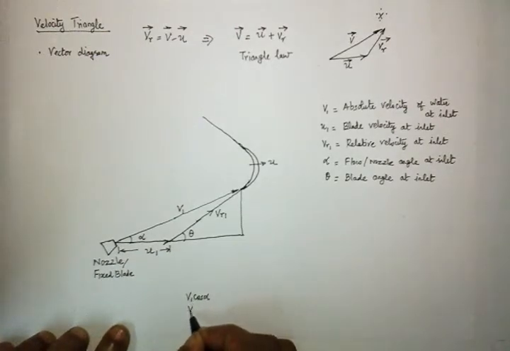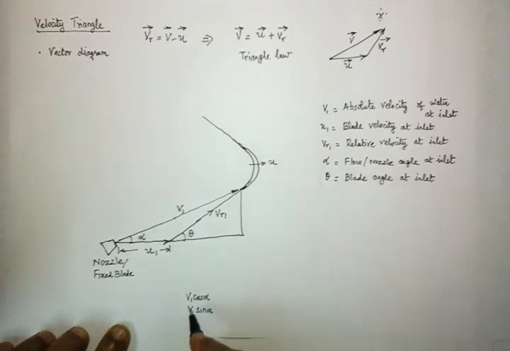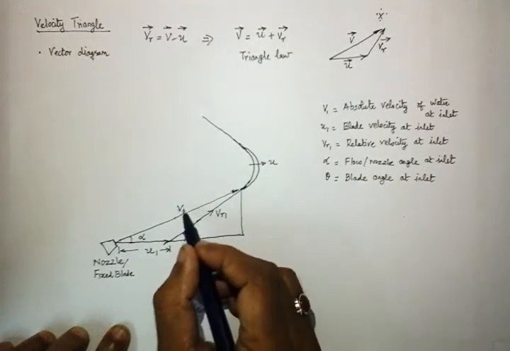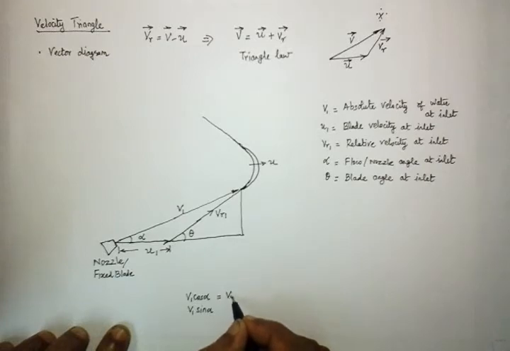The other component is v1 sin alpha. So this is the angle alpha, the flow angle, which we have already discussed. So v1 cos alpha, v1 sin alpha, I have two components for the absolute velocity. This v1 cos alpha is the whirl velocity at inlet, Vw1.